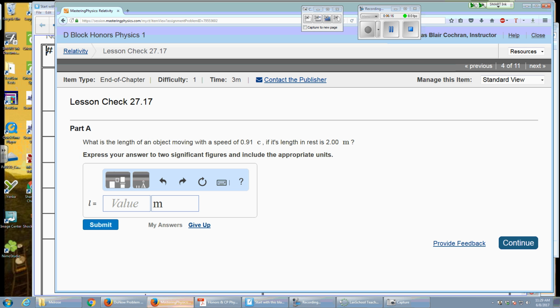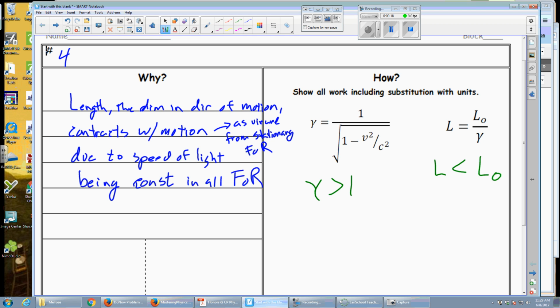What I see from the Earth's frame of reference is going to be less than what the object sees, right?